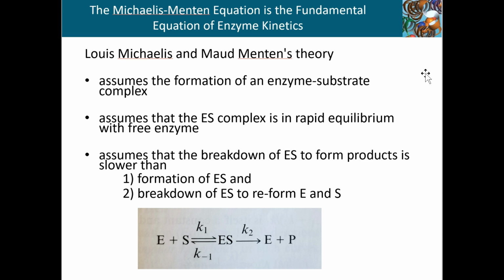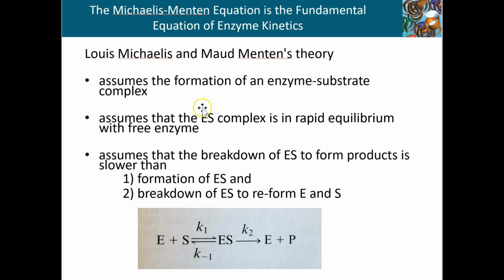This is created by models produced by Leonor Michaelis and Maud Menten, or Michaelis and Menten is fine. And their model of kinetics with enzymes is predicated on the assumption that substrates interact with enzymes, forming enzyme-substrate complexes.